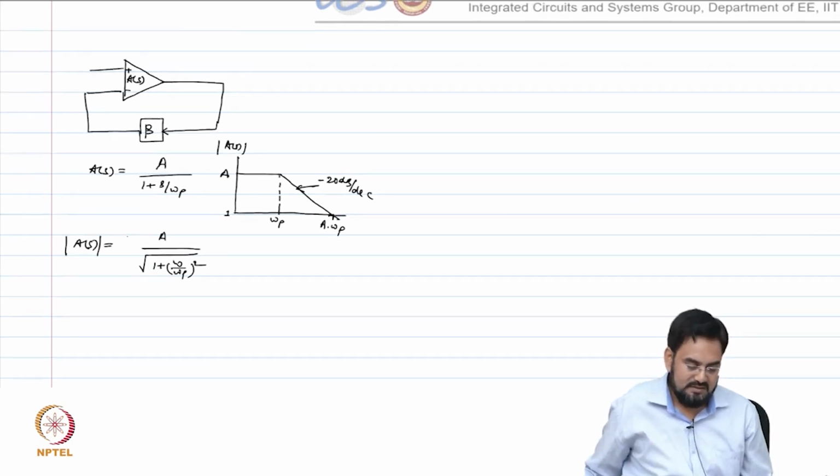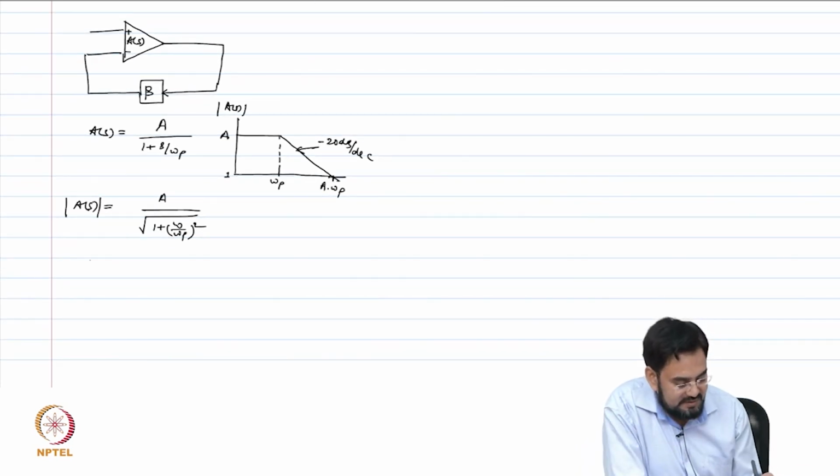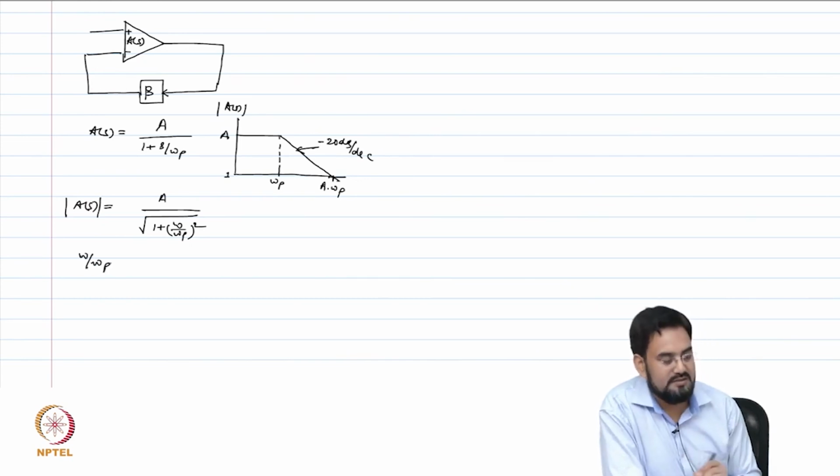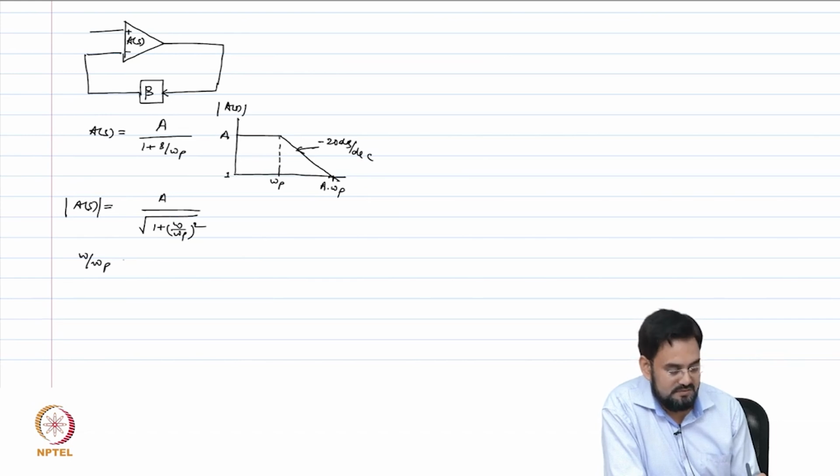Correct. So the assumption in the Bode plot is that omega over omega p is much larger than 1. So what would happen?